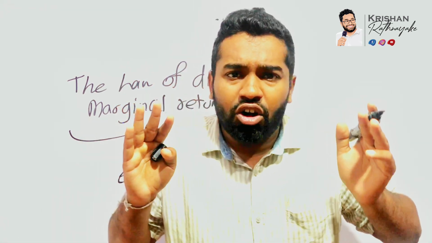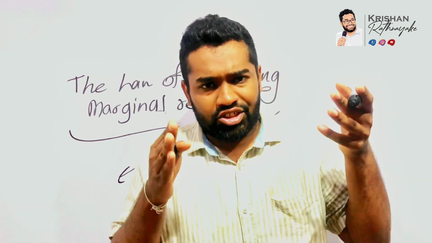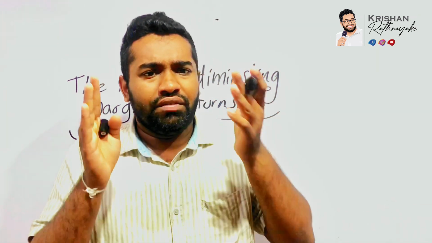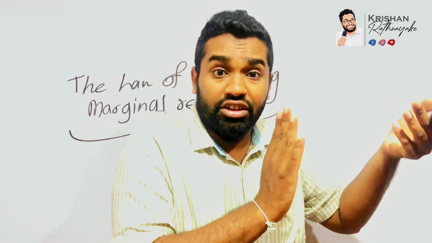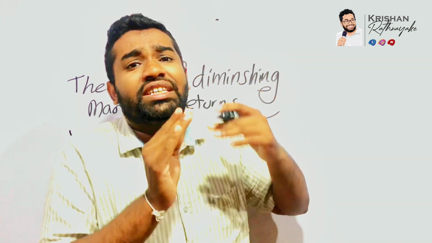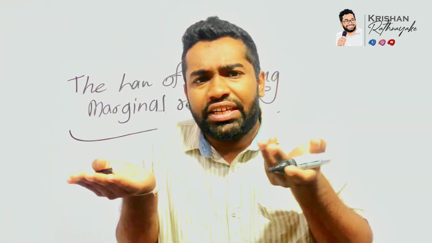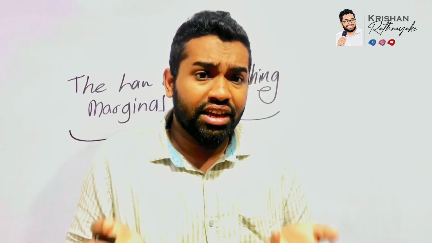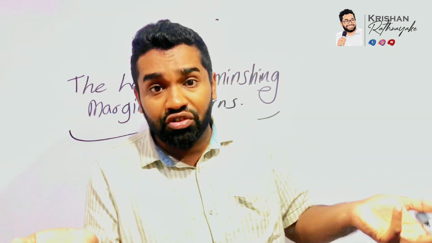So this is the normal short run and long run explanation. In the short run we have fixed factors and variable factors. In the long run we have only variable factors. All factors we can change in the long run. Under the short run, we can change some factors and some factors we cannot change. This is the difference between long run and short run.